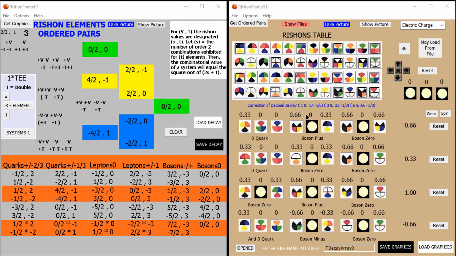And so together we have an electric charge of 1, which then combined with the generic D will give us the 2/3 that we must have for the T quark. And this particle-antiparticle pair contributes nothing to the charge. And we will see that we have just the opposite here for the antiparticle.